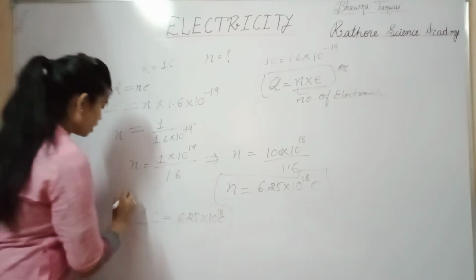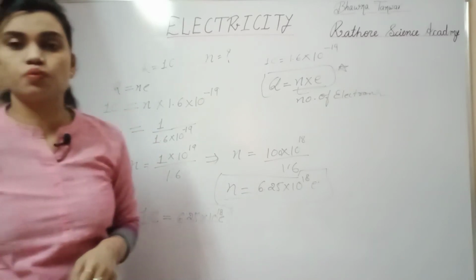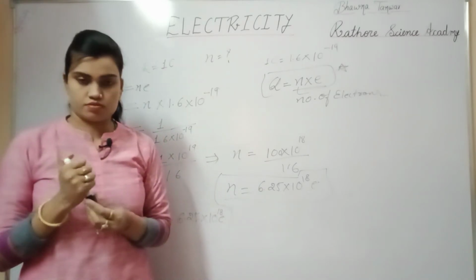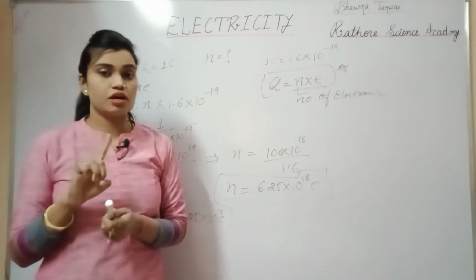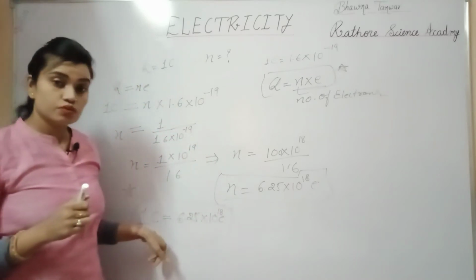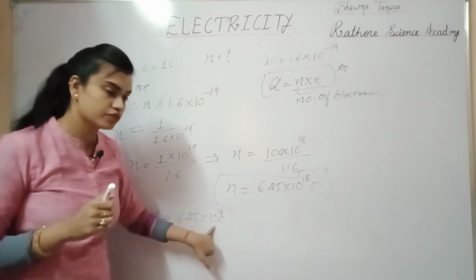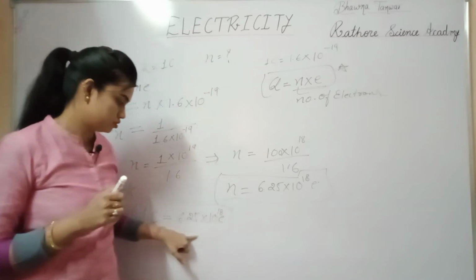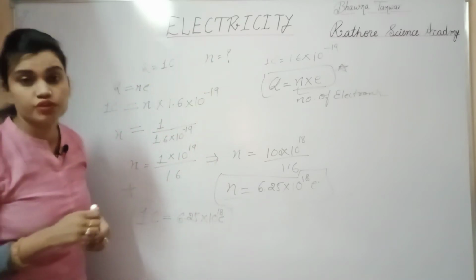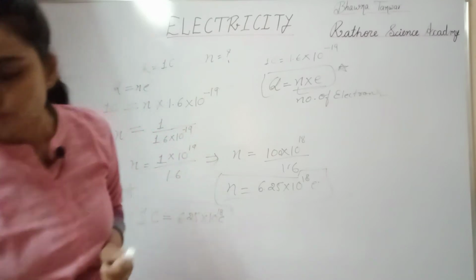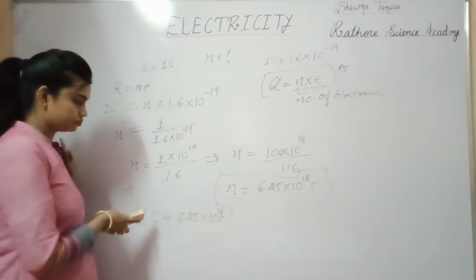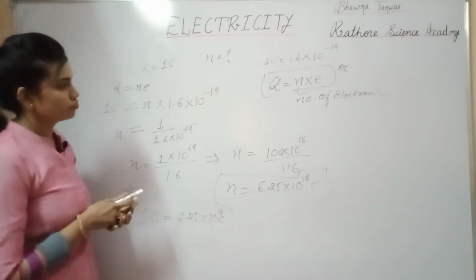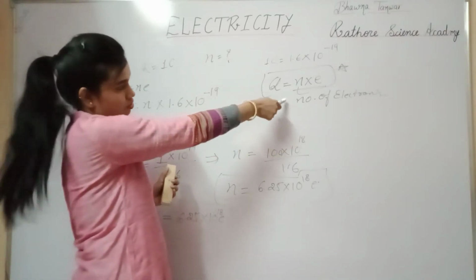This you have to remember: 1 coulomb carries this many electrons, 6.25 into 10 raised to the power 18. You can learn it, or you can find it with the help of this formula, right?